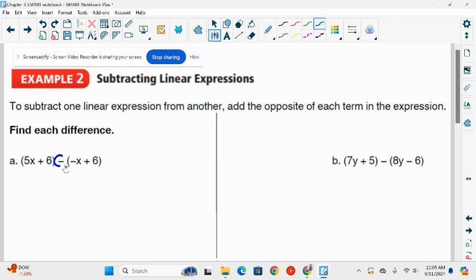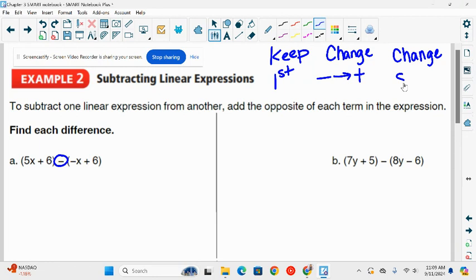When we are subtracting, we have to keep the first, change subtraction to addition, and then we're going to have to change the signs. Keep, change, change.